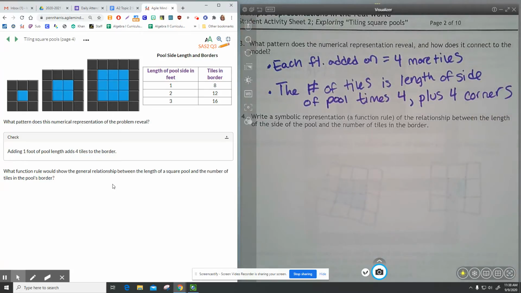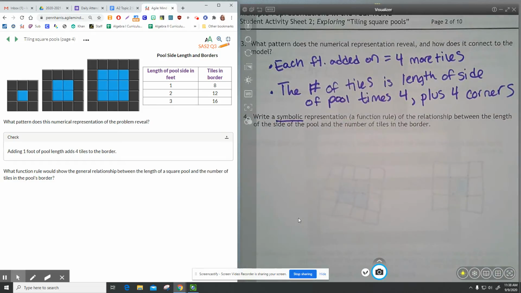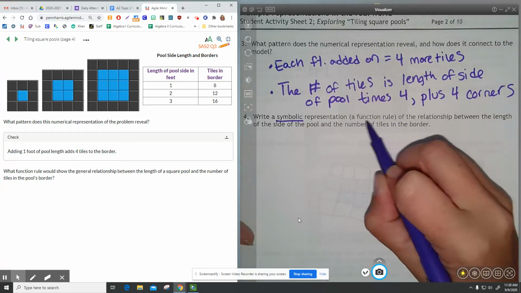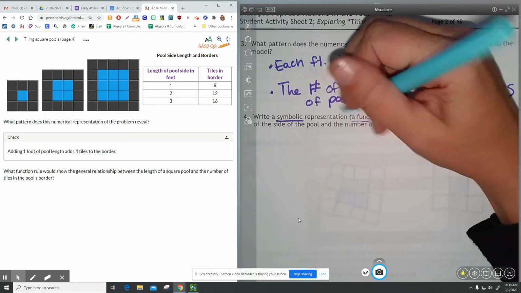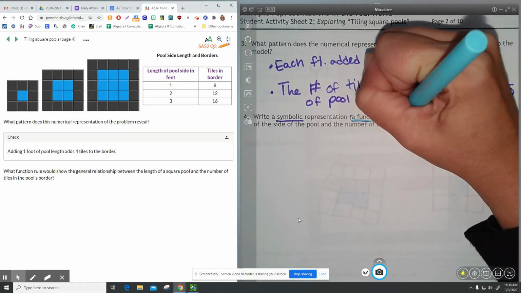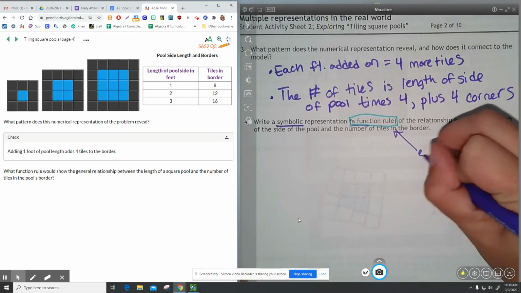Okay, so if I took what I just said right here and I wanted to put this into a symbolic representation, and our symbolic is an equation. When they say function rule, again, that function rule, guys, that is a fancy schmancy way of them saying equation. Okay, write that down if you need to. What that means is equation.